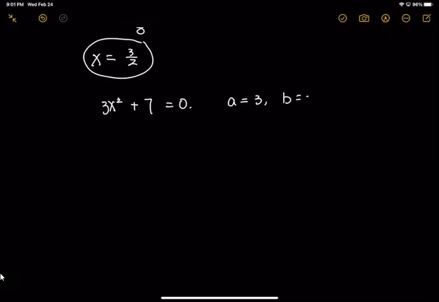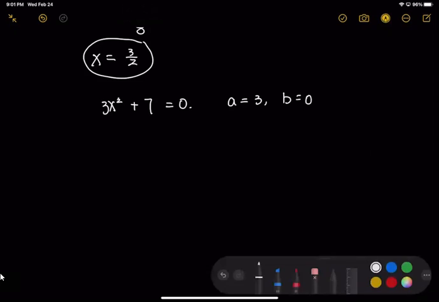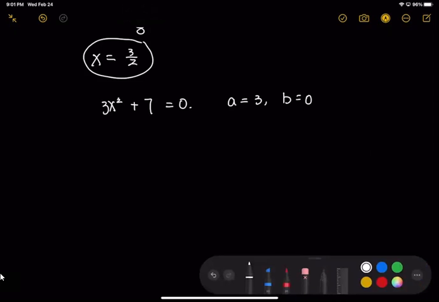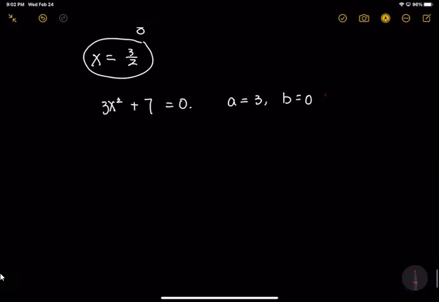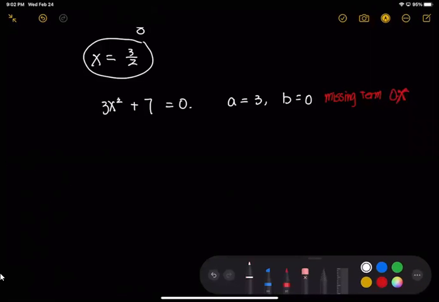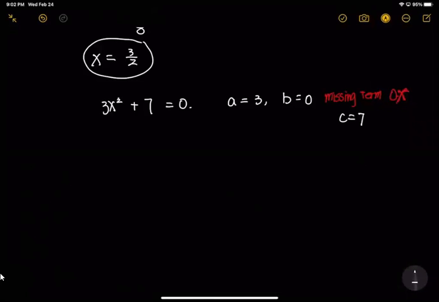B is equal to 0 in this case, because look, we're missing a term now. Whenever we're missing a term, we use a 0 to substitute it, because 0 times x, you can look at it as 0. So you can imagine there's a 0 in the equation, so it won't change the value of the equation. C is equal to 7.